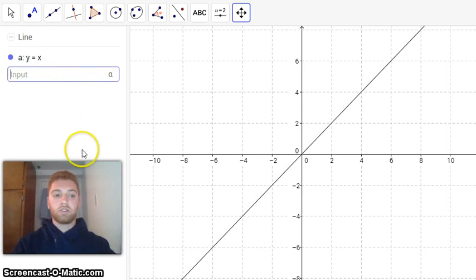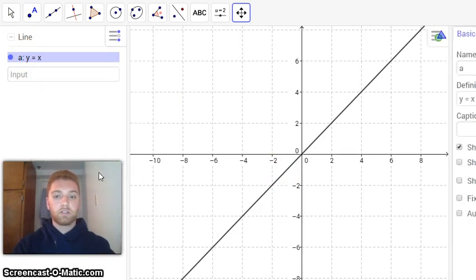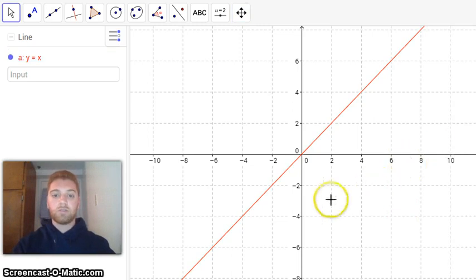Now this is just a real quick equation. I'll also change the dimensions of this, and I will make this a red color so you know exactly what the base graph is. Okay, so this is the base graph right here.